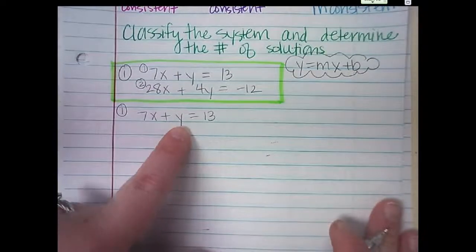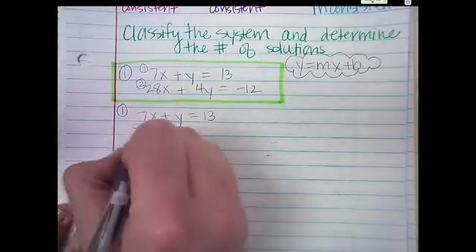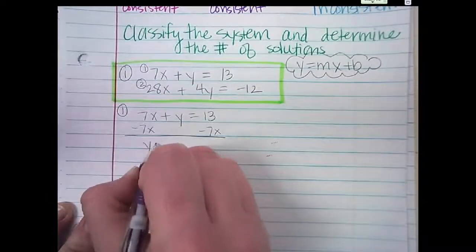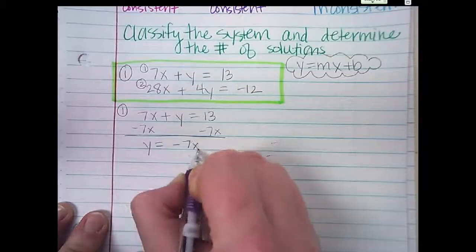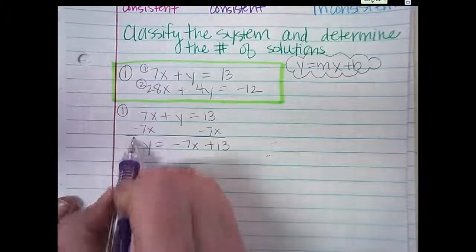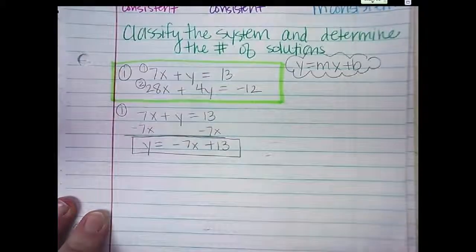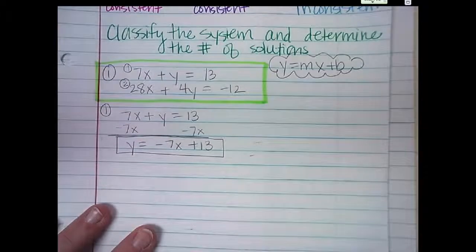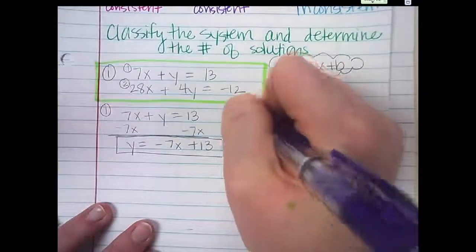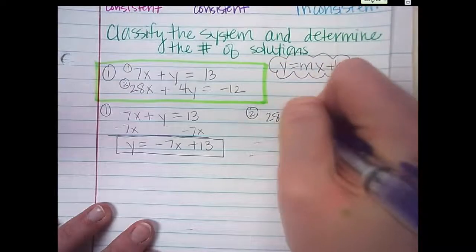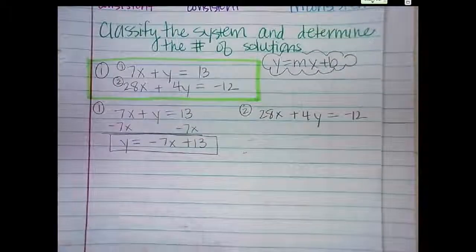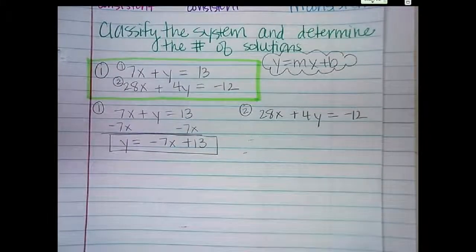How would I get y by itself right here? Perfect. Subtract the 7x. So I have y equals, and put it in order, negative 7x plus 13. So there's my first equation. Do the same thing with the second one. I want to get y by itself. So what would you do to get y by itself?